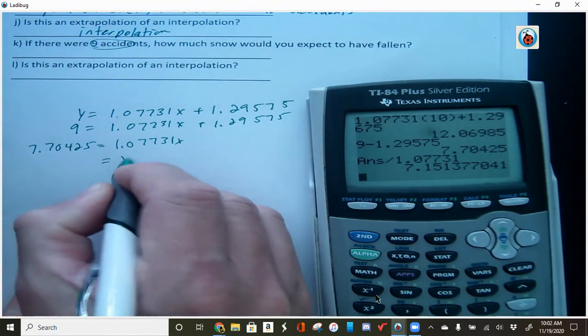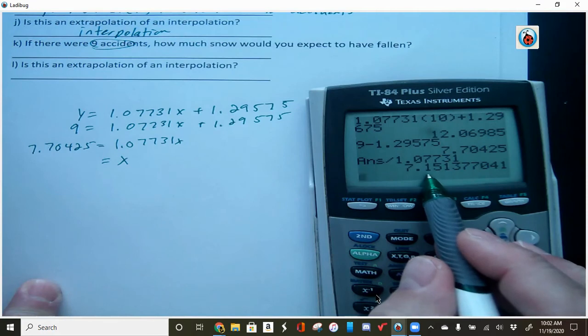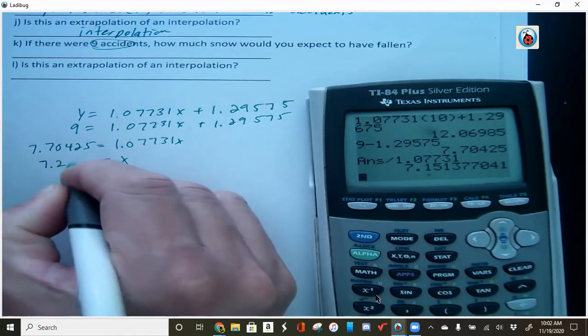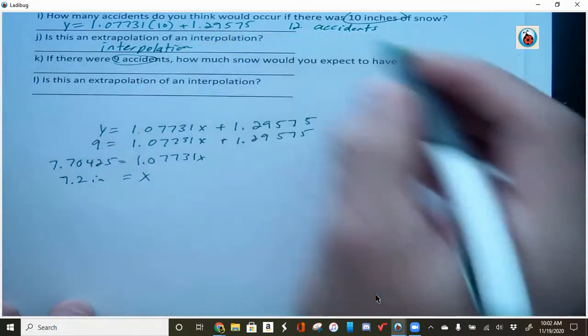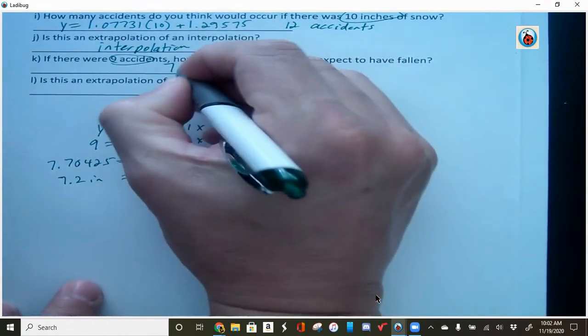And I get x equals, I'll go 1 decimal place again for this amount of snow, and that would be 7.2 inches. Yeah, 7.2 inches.